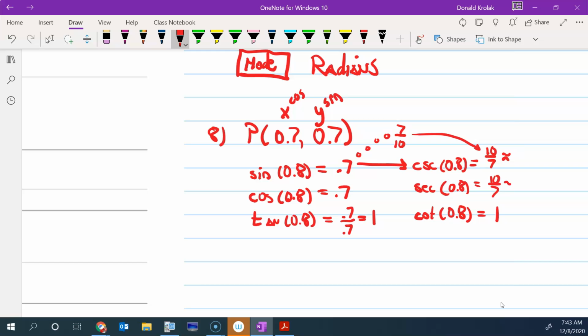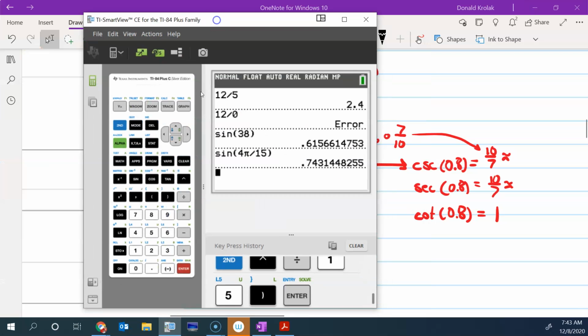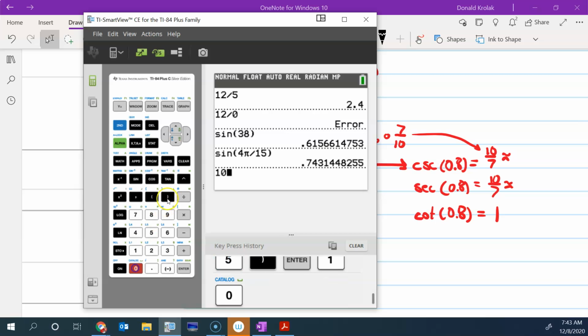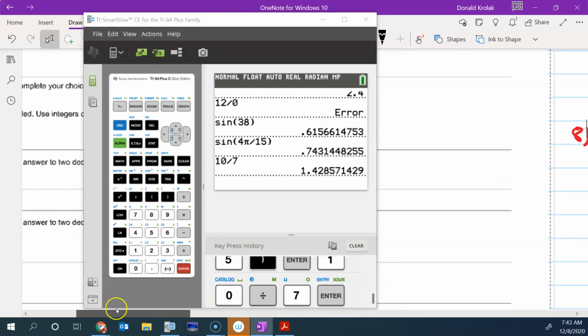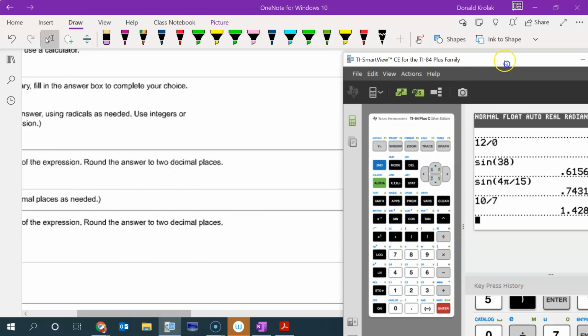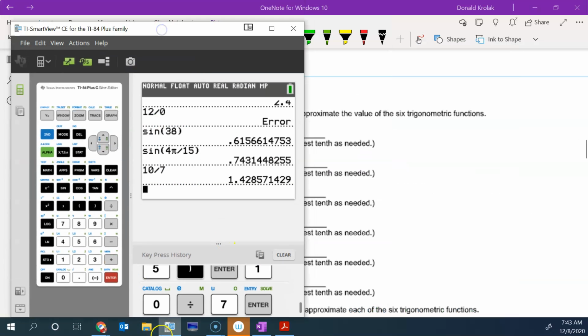Okay, and I think you got to type decimals in for these. So I'm just going to convert those. 10 divided by 7. And does it say what to round it to? To the nearest tenth. Okay.